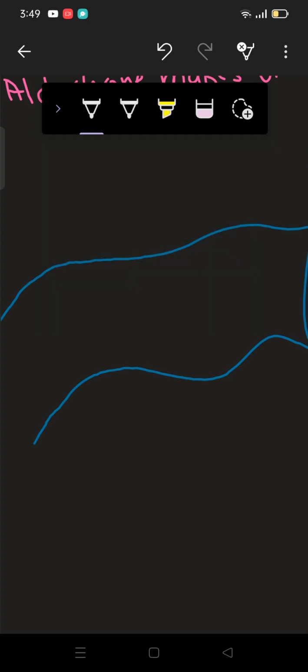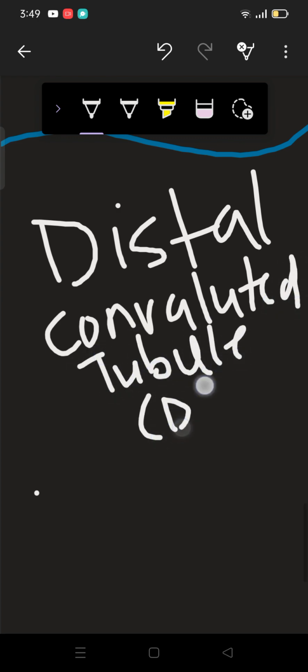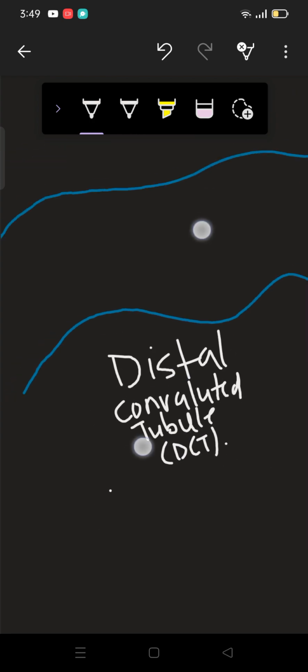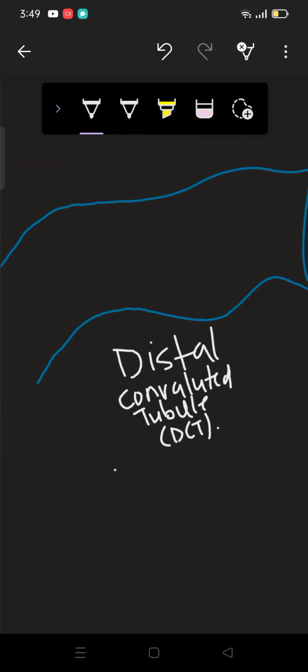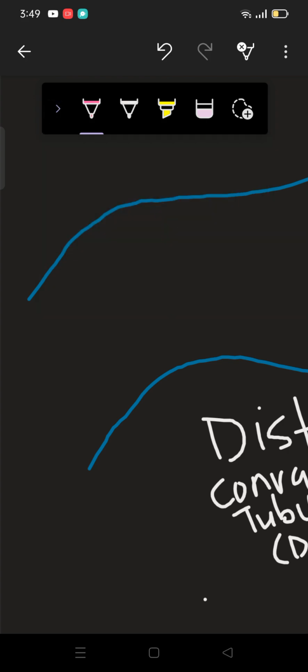This is what? Distal convoluted tubule, which is also known as DCT. Alright, this is DCT, and DCT has cuboidal epithelial cells, which are a modified version of cuboidal epithelial, and those are known as macula densa.